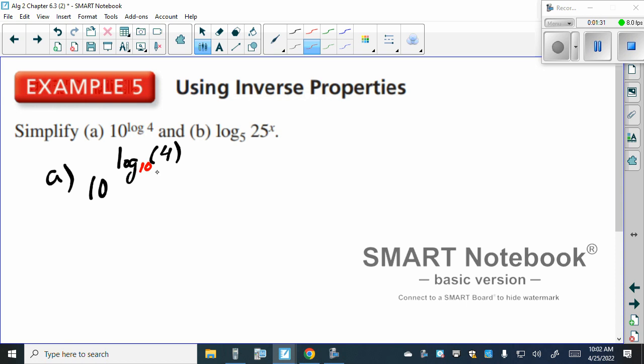So for this here, since we have 10 to the log base 10, these are the same, this is going to simplify out, leaving us with what's inside the logarithm, which is 4. So 10 to the log base 10 of 4 is just 4. That's all we have to do for this here.